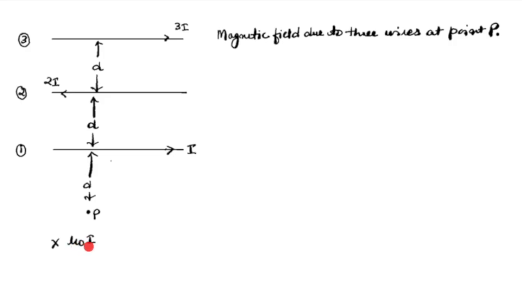The formula is mu naught multiplied by I, the current going through it, divided by 2 pi multiplied by the distance. The distance is d, so instead of r, I will put d here. Remember, we are taking both things into consideration: the magnitude, the formula, and the direction.